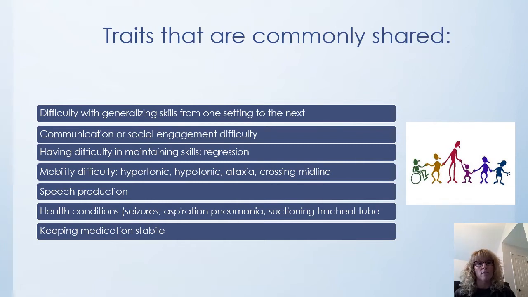And then another trait might be that we need to make sure that their medication is stable. Some students just take medication at home, but some have medication dosages throughout the school day, which is done by the nurse, but you also just make sure to keep everything documented.